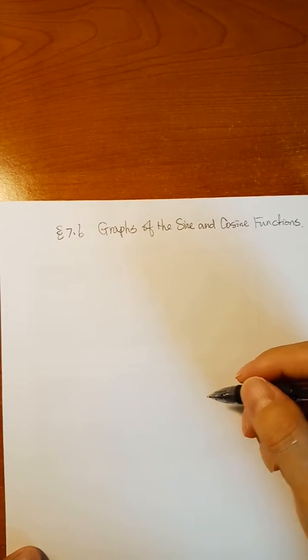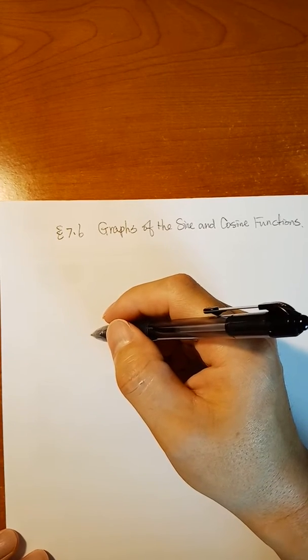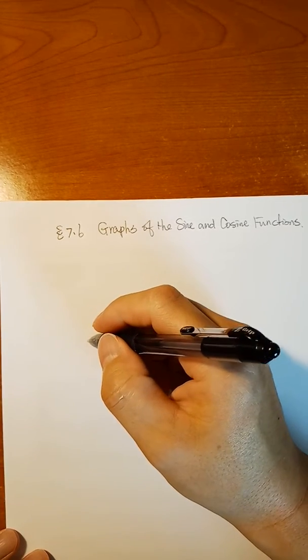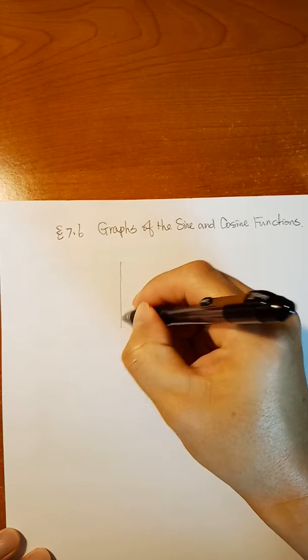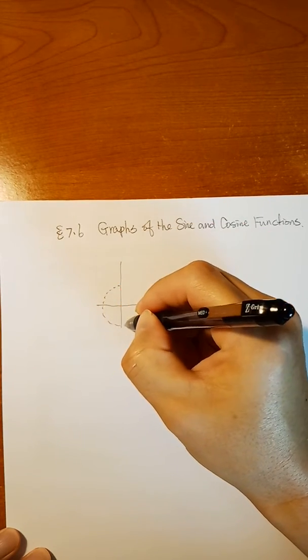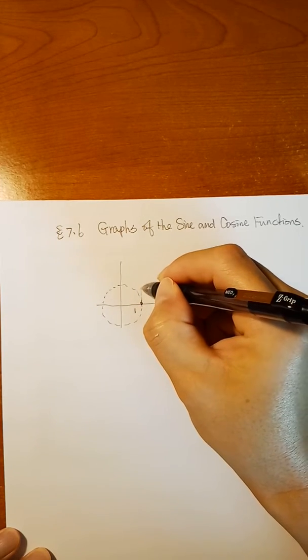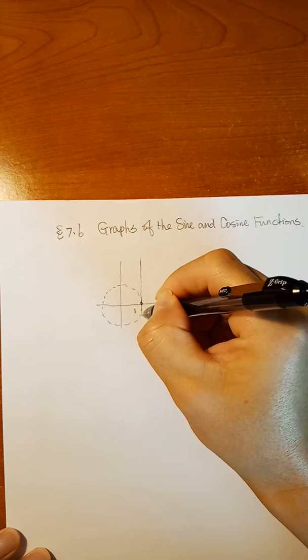Okay, so we already defined the sine, cosine, tangent, cotangent, secant, and cosecant for arbitrary numbers. Remember that you have a unit circle. This is a 1, and you draw the vertical line through the 1.